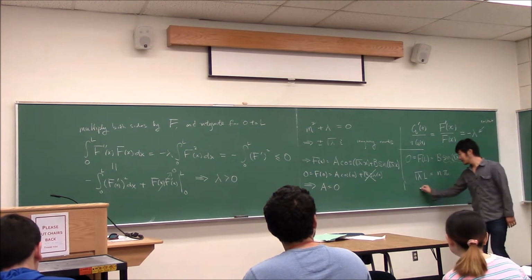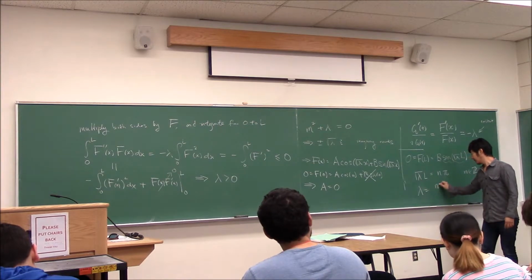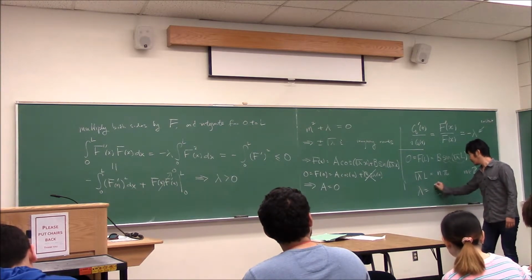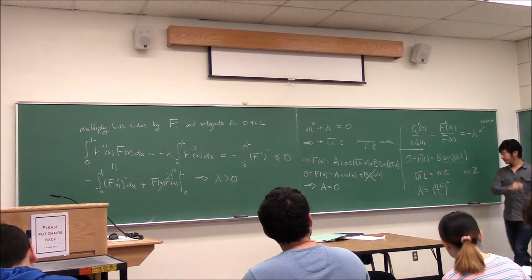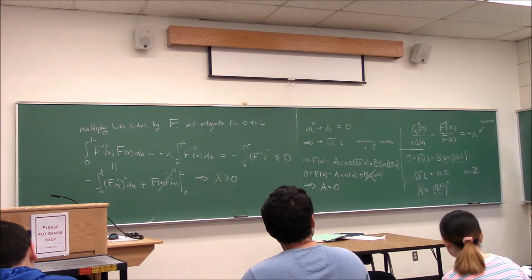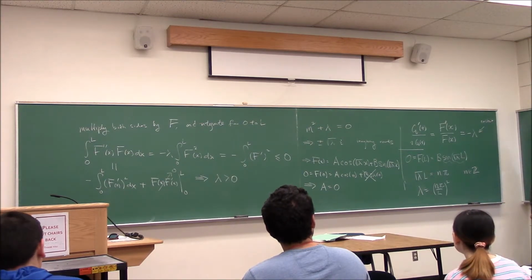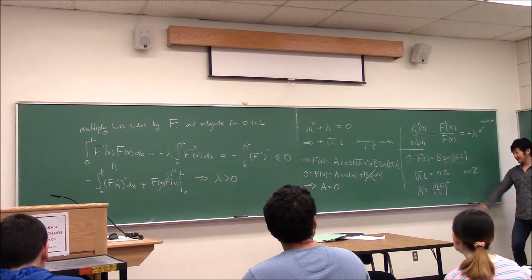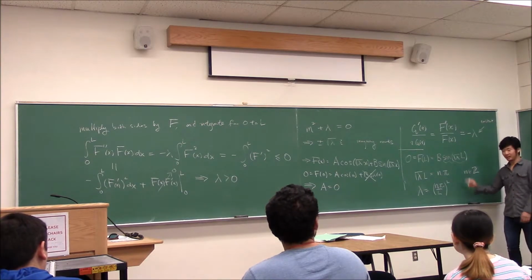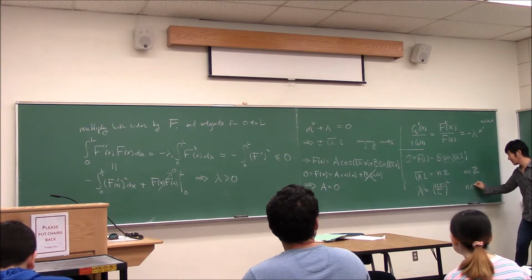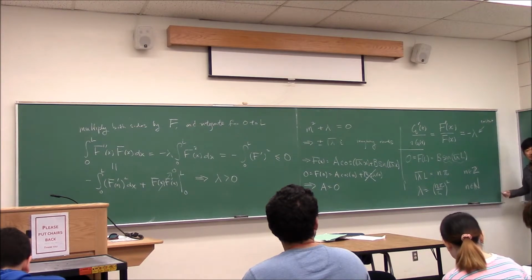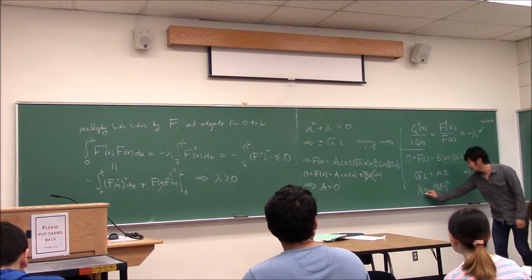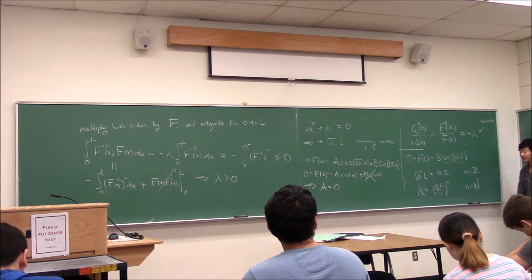Right? So lambda is equal to n pi over L squared. Okay? And since it's squaring it, it doesn't actually matter if it's integers, and you don't want to double count it, so maybe it's better to parameterize it by natural numbers. Okay, and I guess you would have a different lambda for each n.